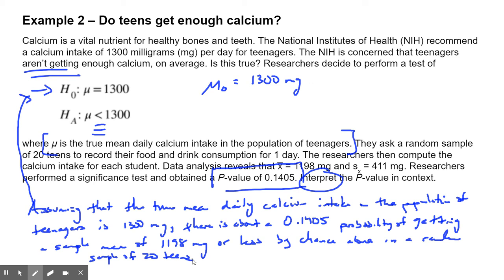Assuming that the true mean daily calcium intake in the population of teenagers is 1,300 milligrams, there is about a 0.1405 probability of getting a sample mean of 1198 milligrams or less by chance alone in a random sample of 20 teens. So again, we are identifying how often by chance alone we would get this sample mean value.